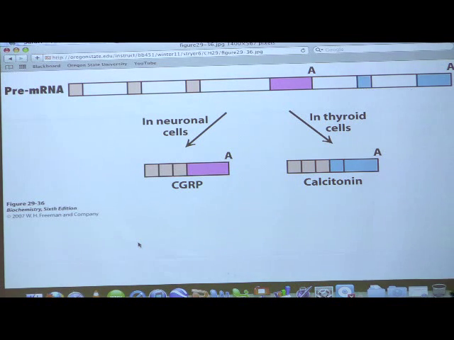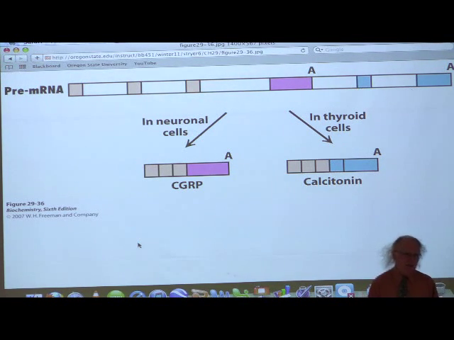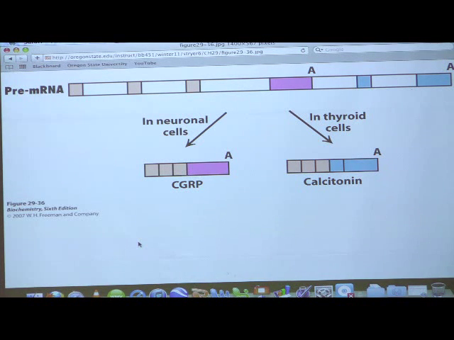Another thing I want to point out that's an advantage of splicing is that splicing allows for a lot of mixing and matching of exons. When people started speculating about how many proteins there were in the human genome, they figured based on the studies that they had, there must be 100,000 to 150,000 proteins.